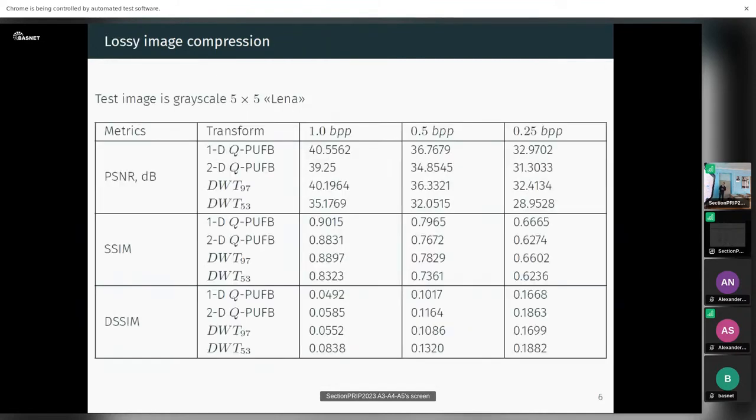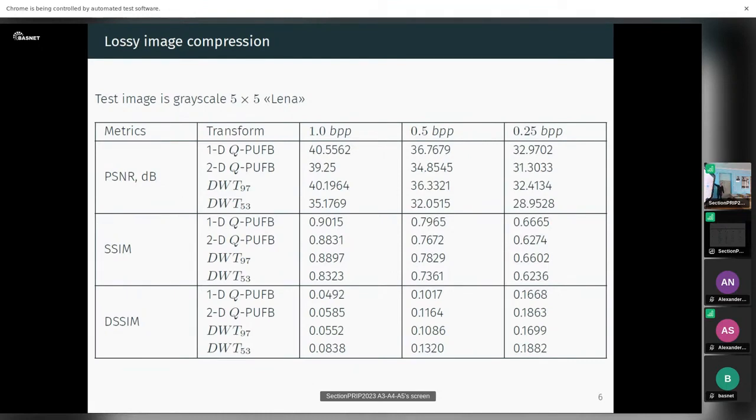And next slide. So here we try to set the bit rate close to half a bit per pixel and 1 bit per pixel, and to measure in terms of PSNR, structural similarity, and difference of the structural similarity for each transform.